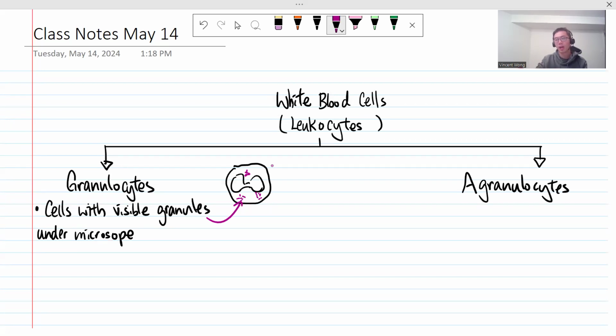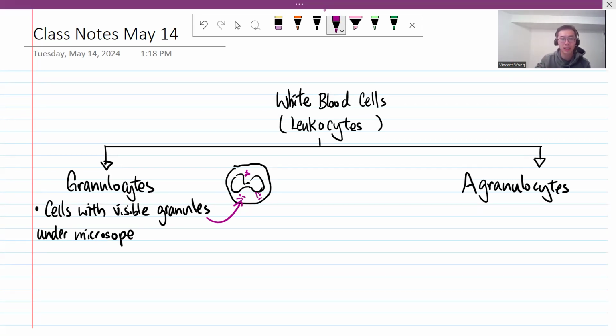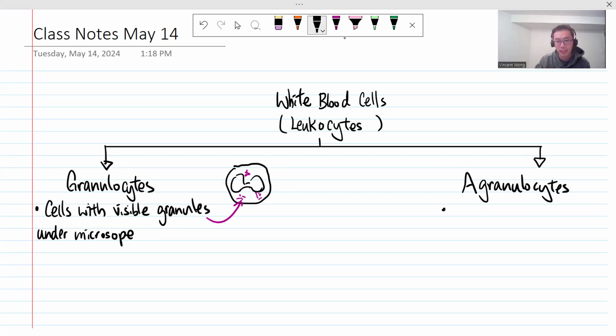It's very obvious when you look at it under the microscope. On the other hand, the agranulocytes are cells with no visible granules under the microscope.